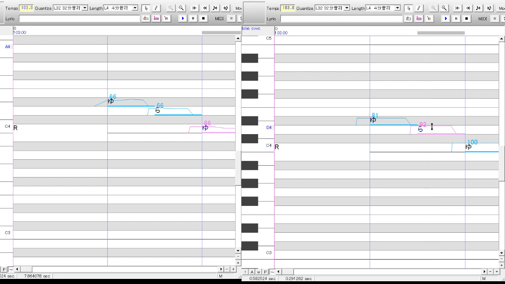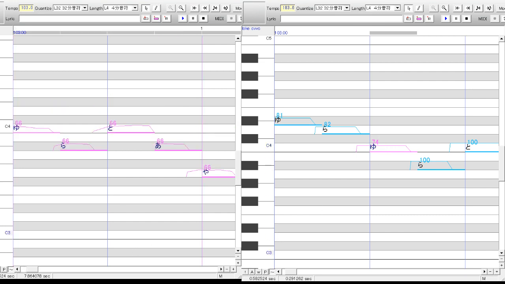So what I did in my last tuning video, I didn't do the envelopes and the velocity in separate passes. I did them in the same pass.